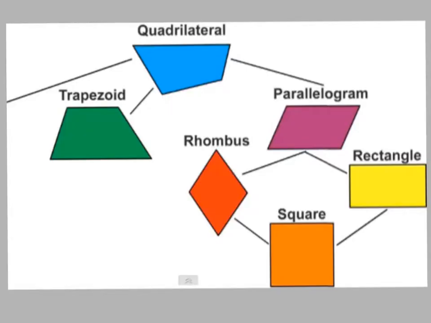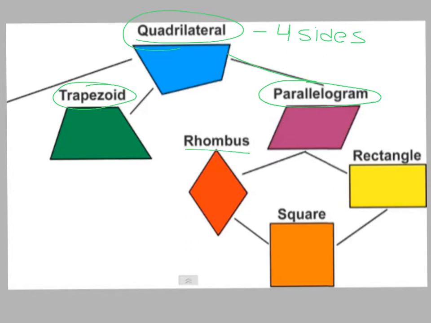Now, to recap what we have learned today is that we have our large category of quadrilaterals, which is defined as any shape that has 4 sides to it. We've also learned our subcategories of quadrilaterals, which include parallelograms and trapezoids. Parallelograms can be defined further as a rhombus, a rectangle, or a square.